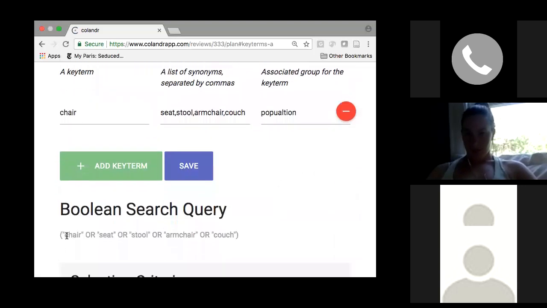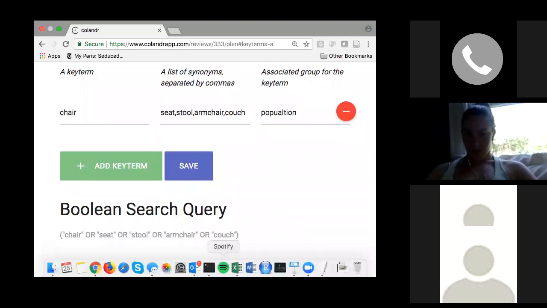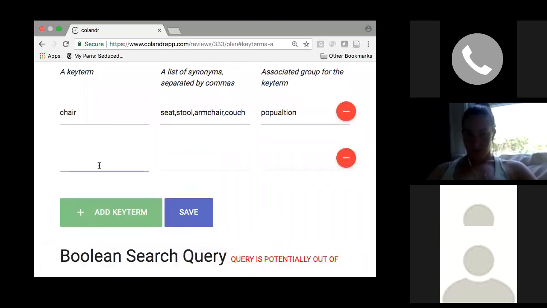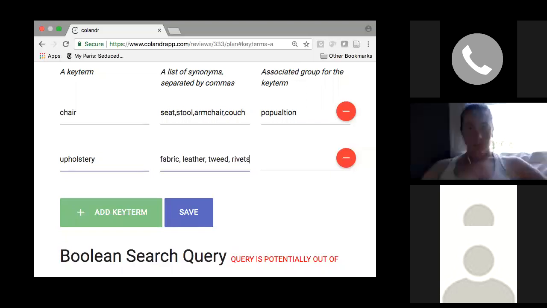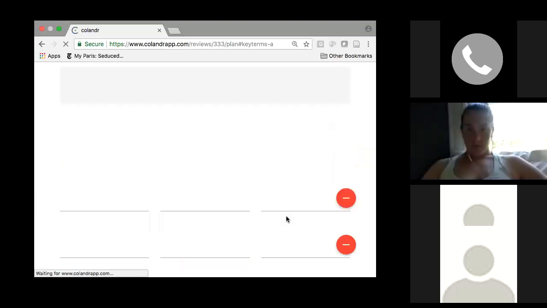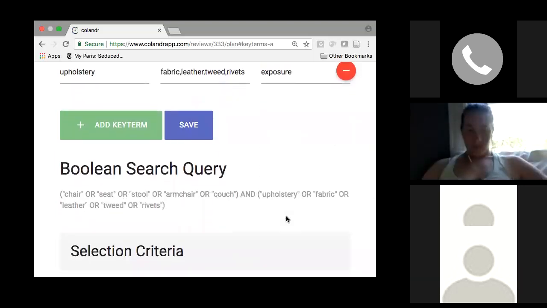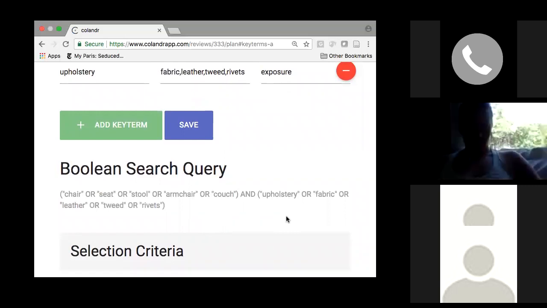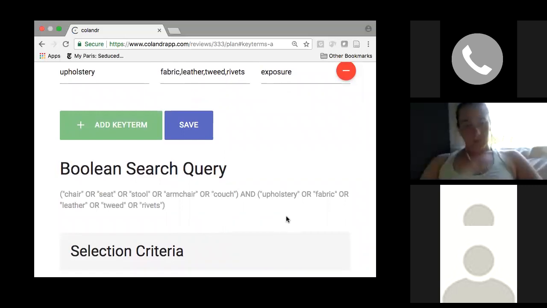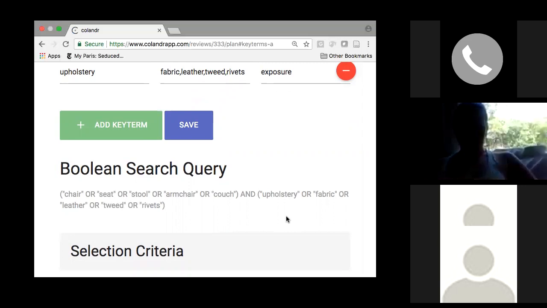So you'll see here that it's started to form your search query for you. And if you add another set of key terms, like upholstery, tweed, and this is your exposure, you'll see now it's created a search string for you, where you're connecting your different sets of terms that fall within the same group together with ORs, and then connecting those sets of terms together with ANDs.